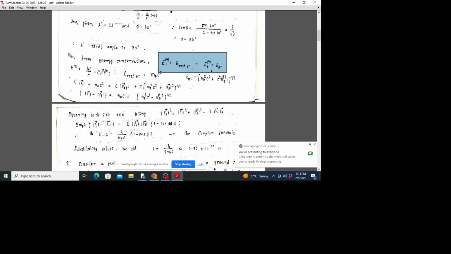These are the final energy of the photon and the final energy of the electron. Now remember, the final electron is moving, so there will be rest mass energy and some other contribution. So let us consider this component.